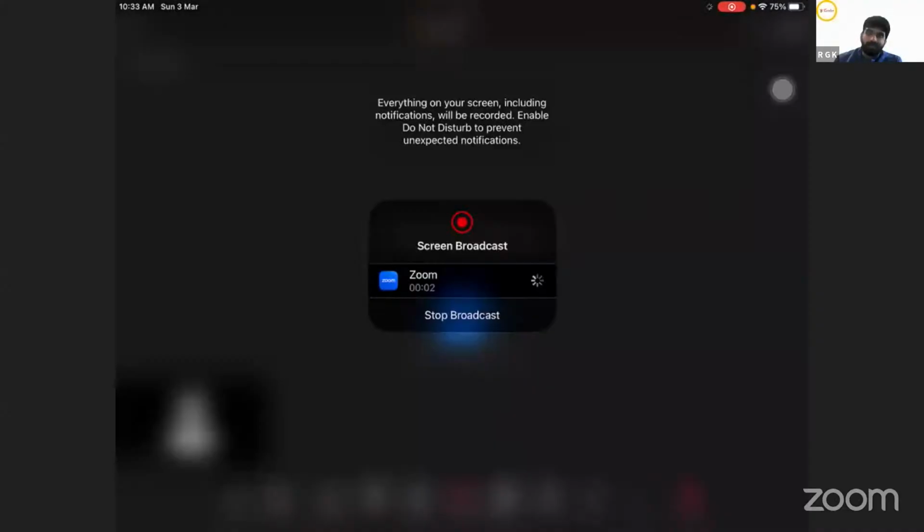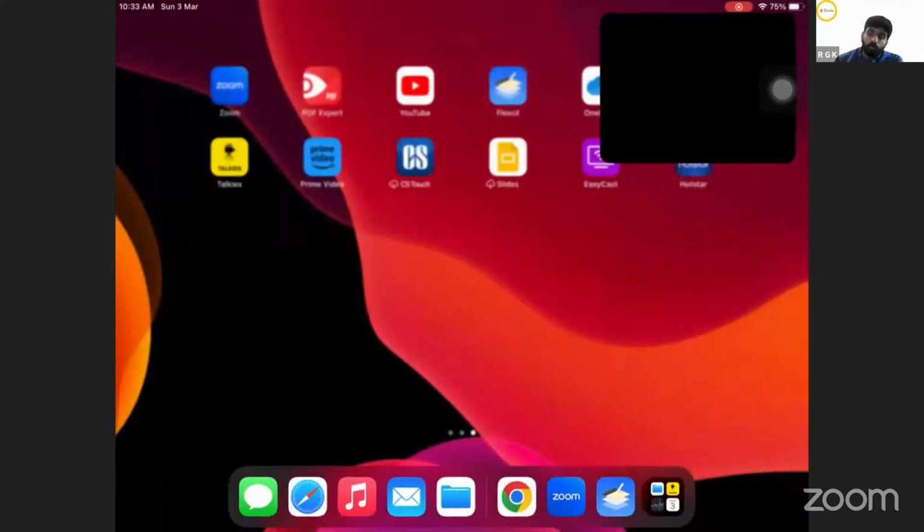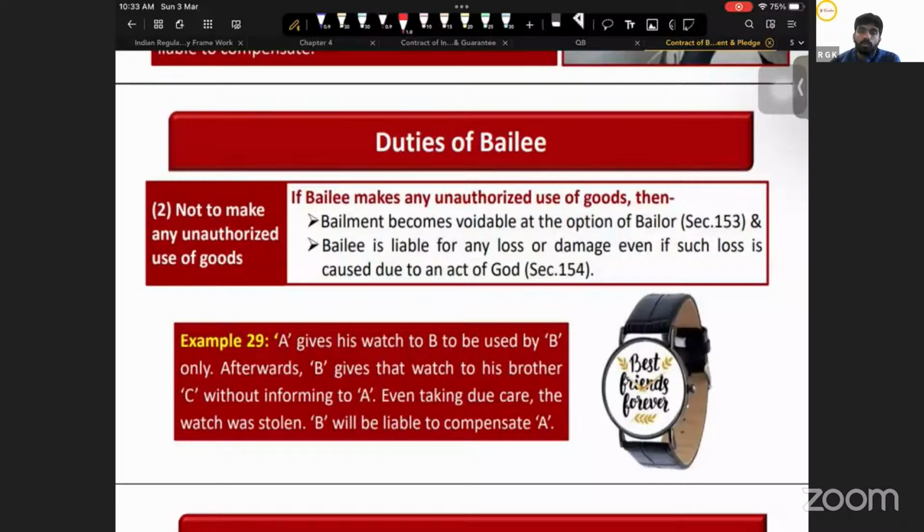Now, what Akshay does is, Akshay gives this to someone else for their usage. It was purely given for the personal usage of Akshay. Now, Akshay, without the authority or without the permission of Deepak, gives it to some other person. It amounts to unauthorized usage. He's doing something that he is not authorized to do.